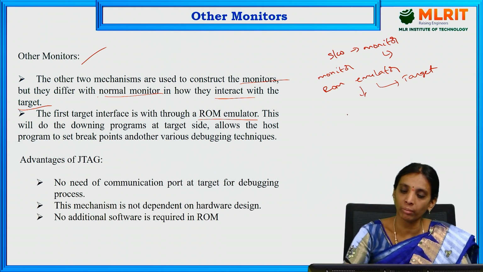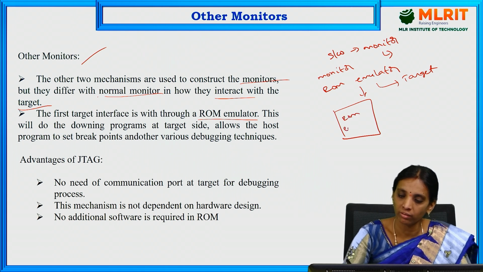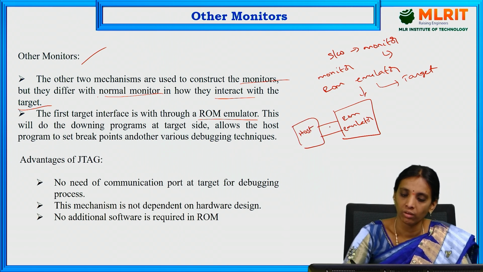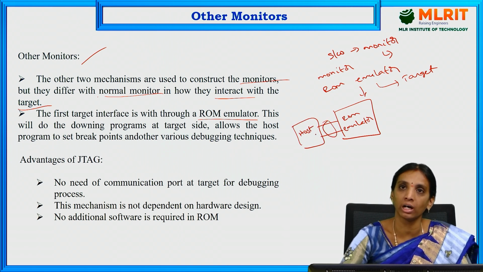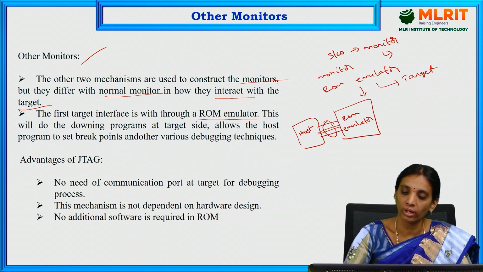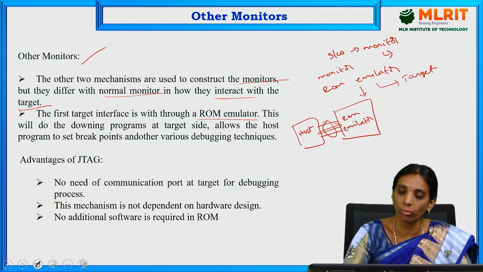Here the ROM emulator will be used as a monitor. We have the host machine, and connectors for connecting our program which is developed on the host machine. We download that program through the ROM emulator to the target system.